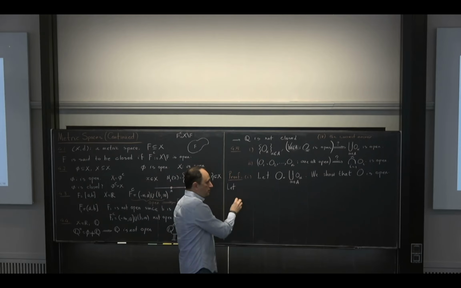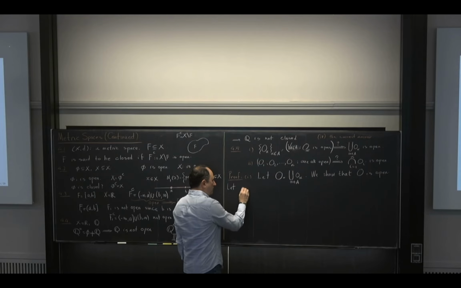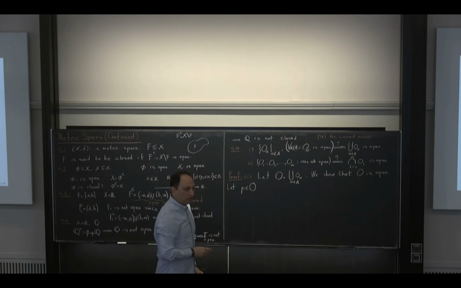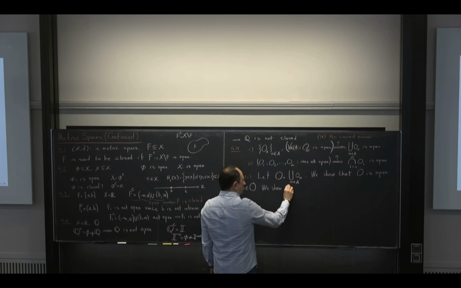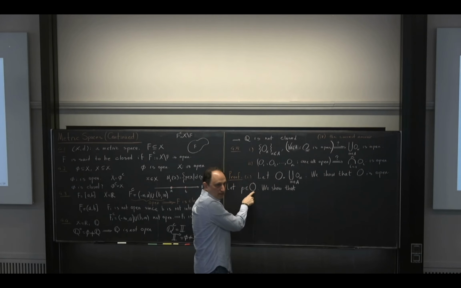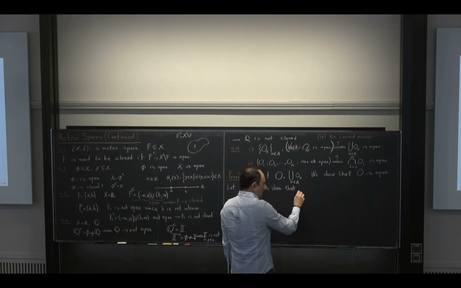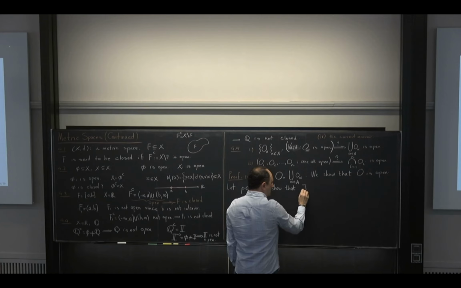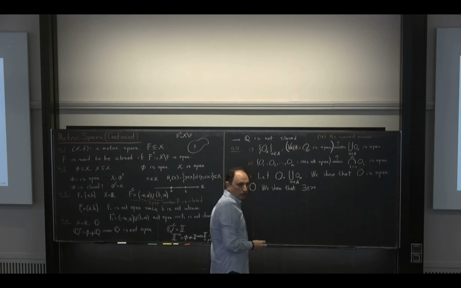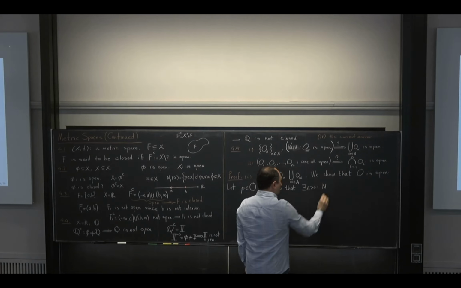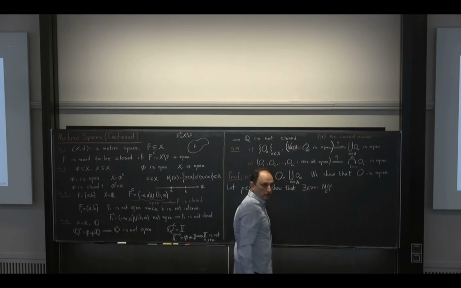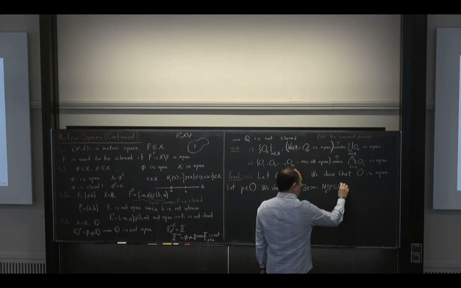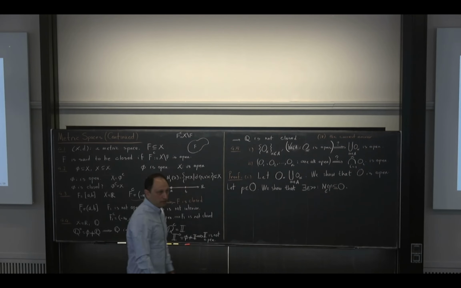So I would say let P belong to O. We show that P is an interior point of O. So we show that there exists an epsilon greater than 0 such that the neighborhood of that point with that particular epsilon is a subset of O. Exactly. So that's it.